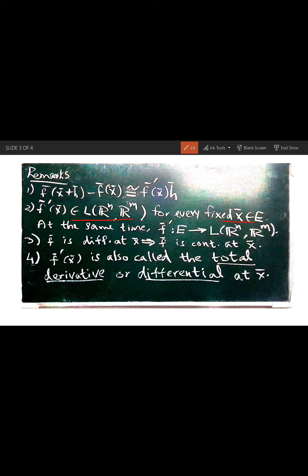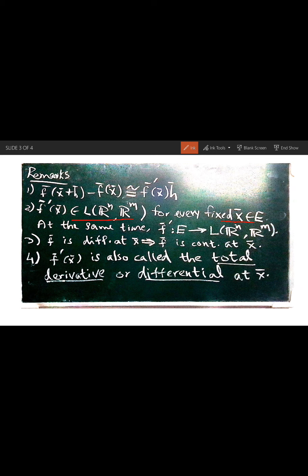But when you vary x in E, then f dash x will vary corresponding to that x. So it is also a function of x, where that function is defined for x in E, f dash of x.